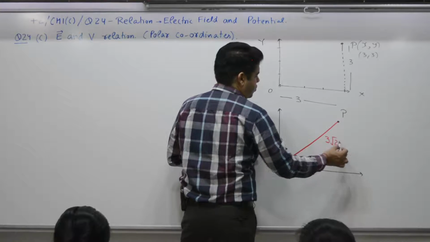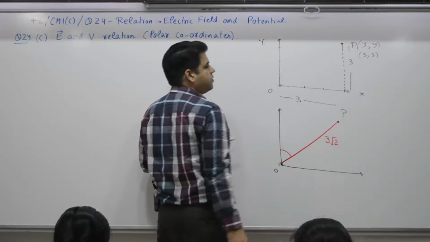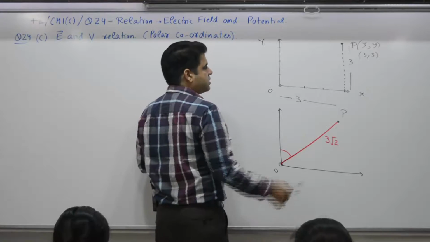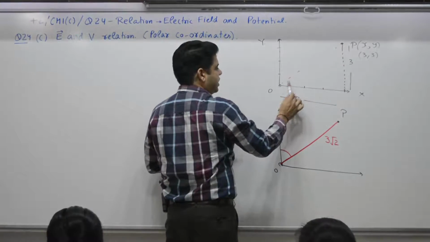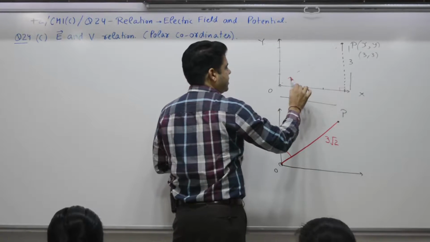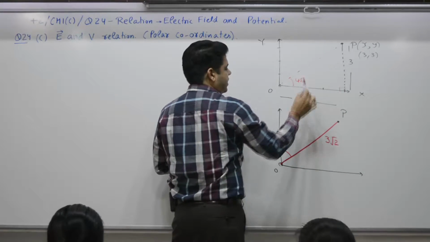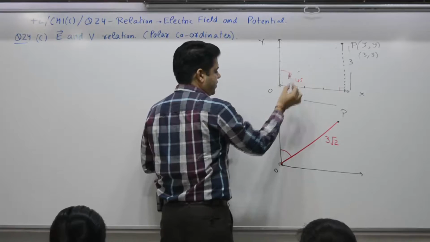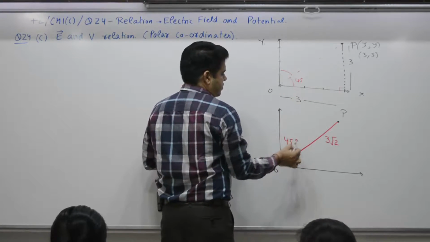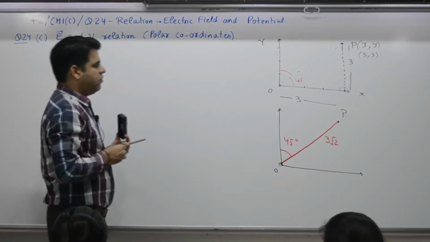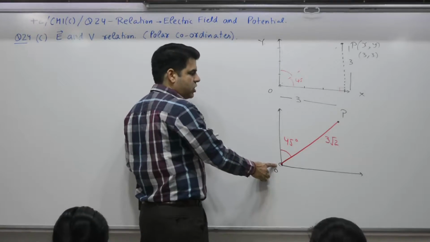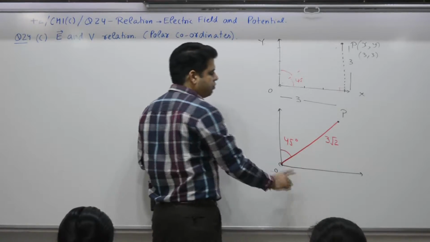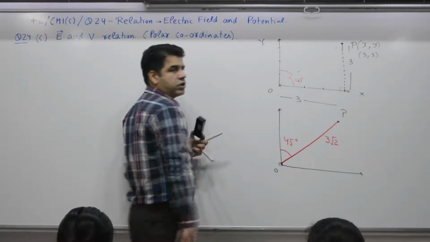3 root 2. What about this angle? This is 3, this is also 3, this angle is 90 degrees, this angle is 45 degrees, this is also 45. So when you move by air, the pilot gets the instruction that you move 3 root 2 making 45 degrees with the north.